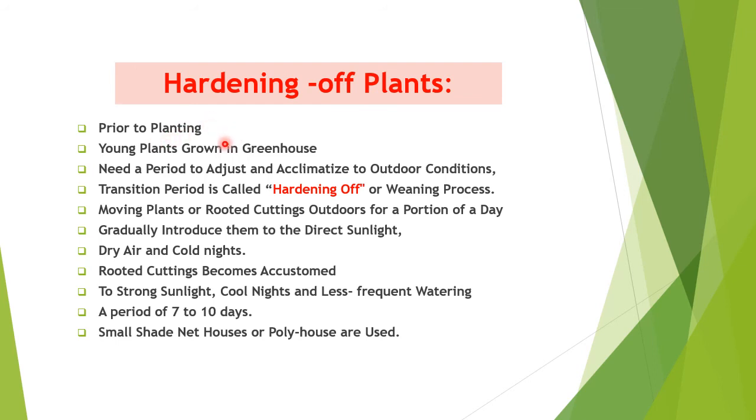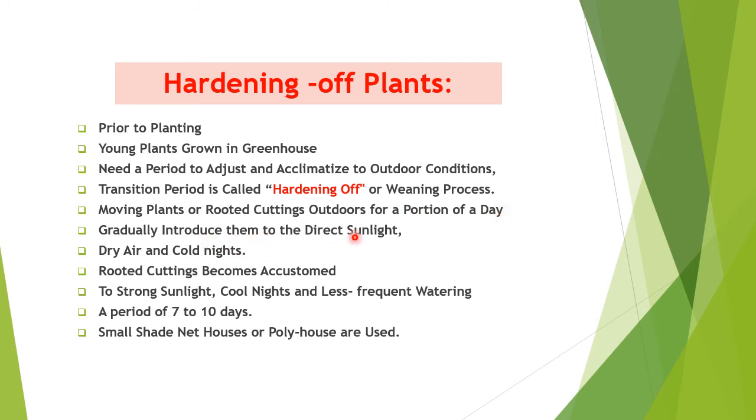Now, before planting, young plants grown in a greenhouse need a period to adjust and acclimatize to outdoor conditions. This transition period is called hardening off or the weaning process. Move plants or rooted cuttings outdoors for a portion of a day.